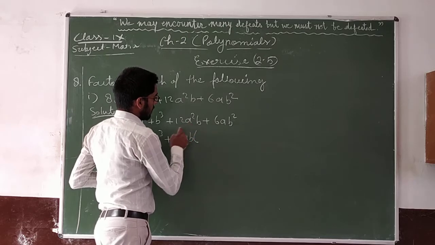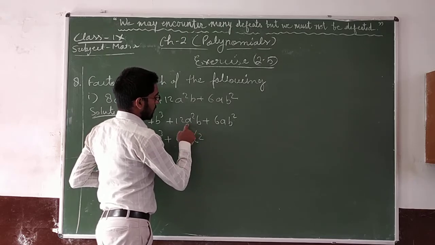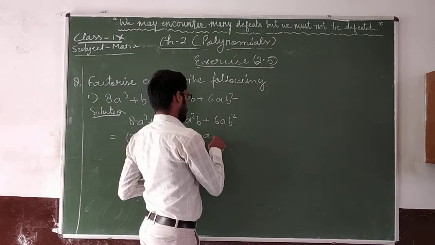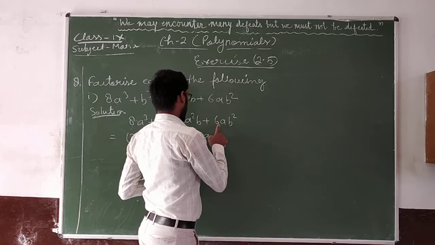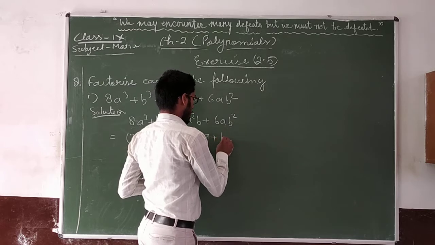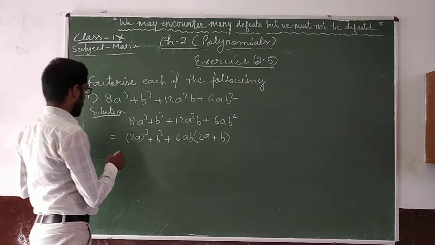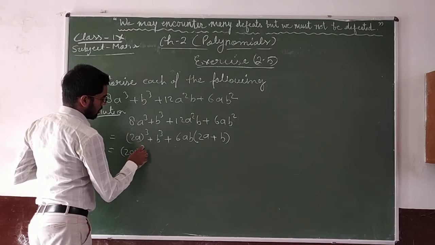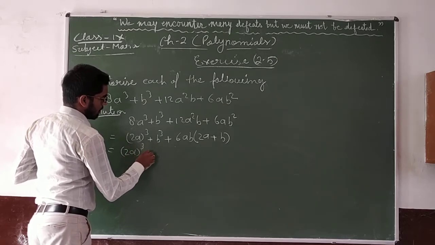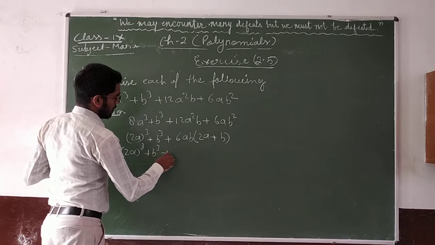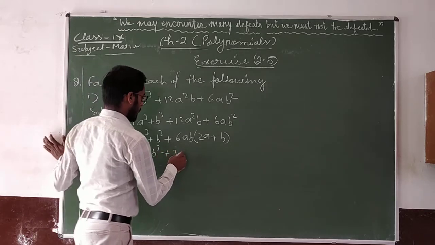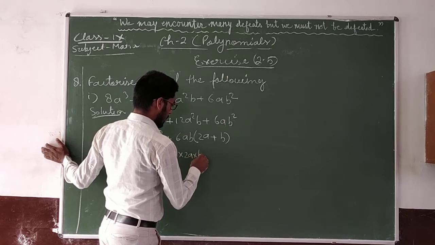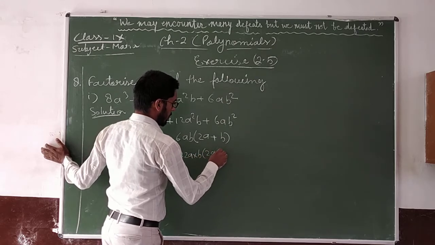Then 12a square b gives 2a remaining and 6ab square gives b remaining. So 2a the whole cube plus b cube plus 3 into 2a into b in bracket 2a plus b.